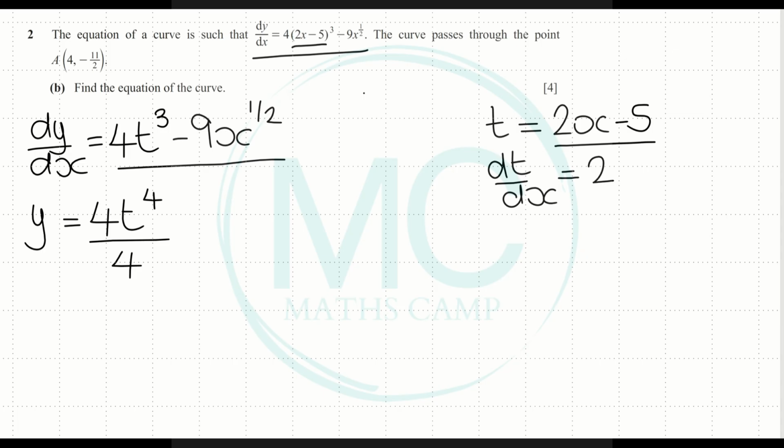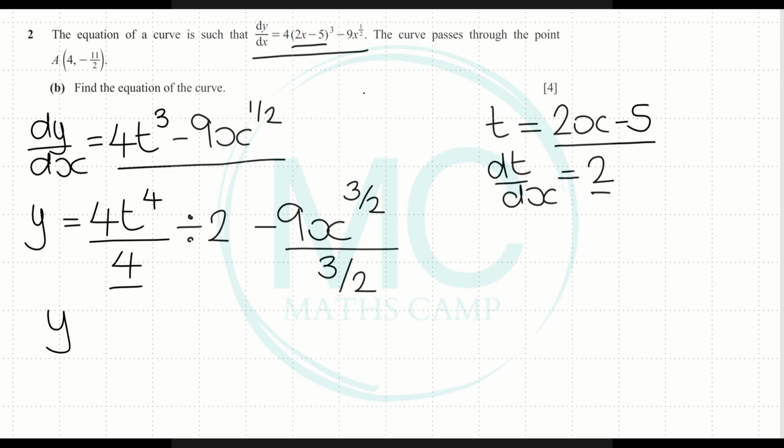So to integrate this equation, we now divide this term by 2. So I'm going to say divided by 2. Now we can integrate the rest, and we say minus 9x with an exponent of 1 over 2 gives us an exponent of 3 over 2, all over 3 over 2. And now we can simplify.